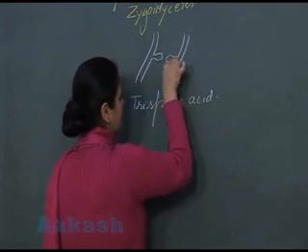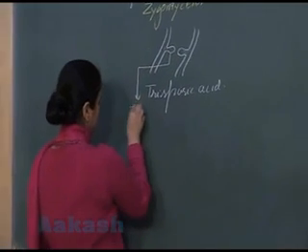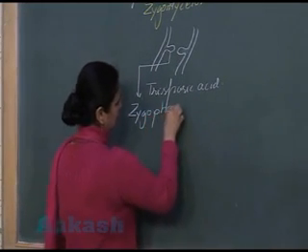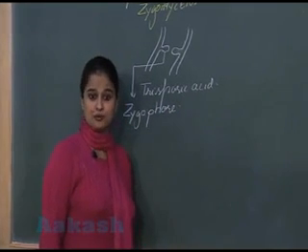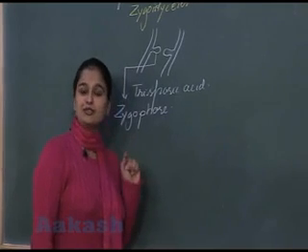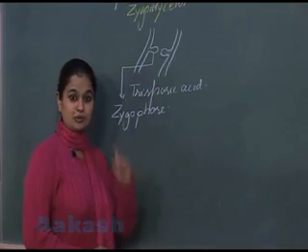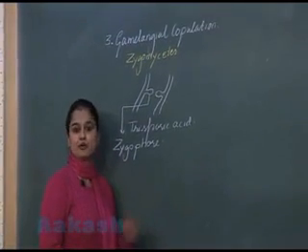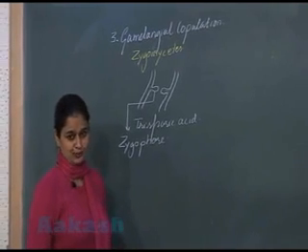The sexual hyphae which are formed here, they are known as zygospore. I have discussed earlier, in the Rhizopus there is formation of 4 types of hyphae. Those 3 I have already discussed, and now this is the 4th category, sexual hyphae, that is zygospore.